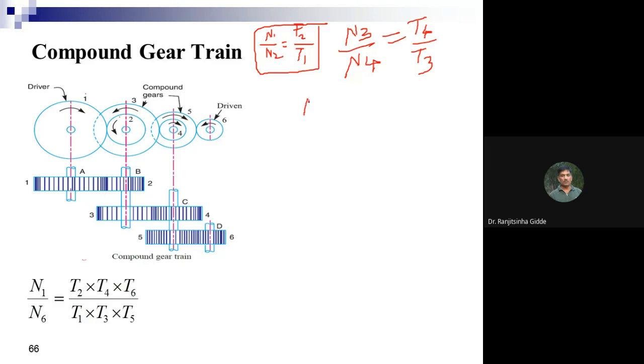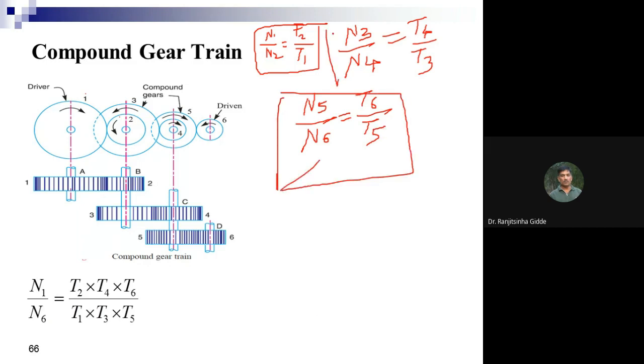How to write? n5 upon n6 is equal to t6 upon t5, right? So we have written the speed ratio for each of the pair.